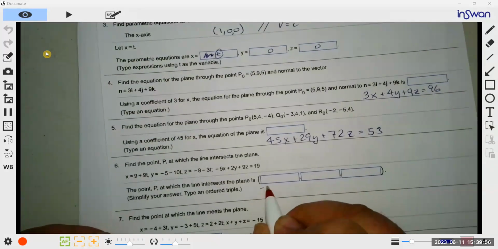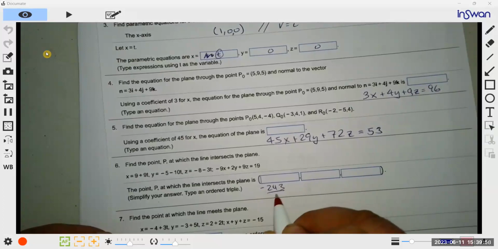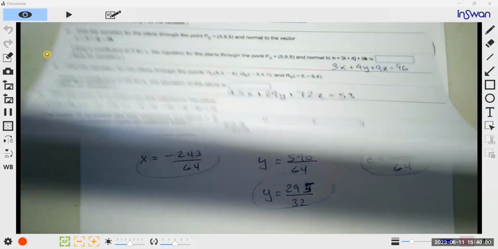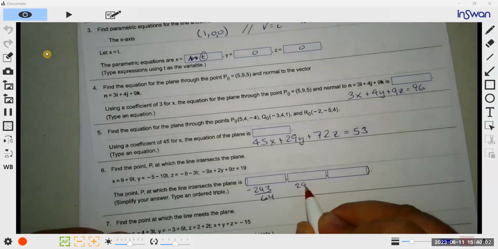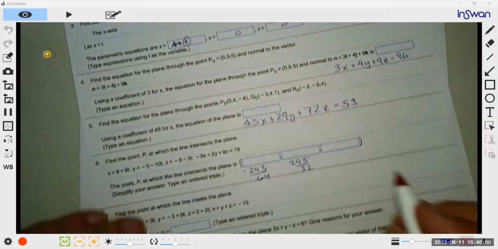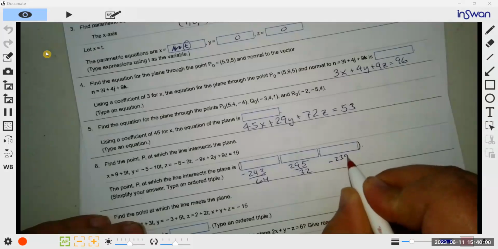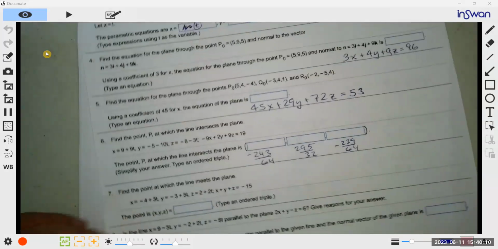Negative 243 over 64, 295 over 32, and negative 239 over 64.